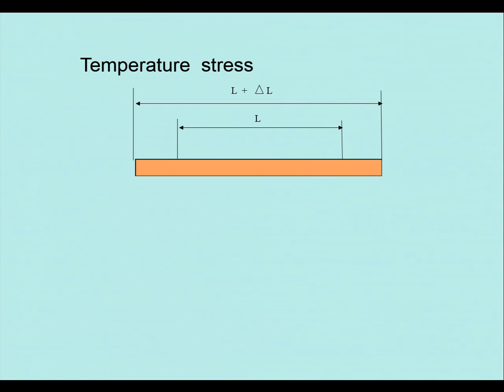Delta L by L. So we know strain is extension over L. So in that one, what's my strain in that bar? What's the strain? You three at the back, what do you say?